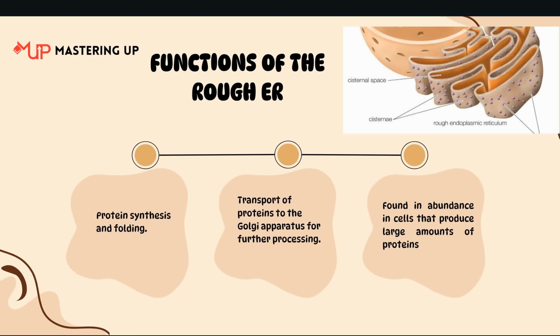Rough endoplasmic reticulum is typically abundant in cells like pancreatic cells, where protein production is high. So basically, rough endoplasmic reticulum is involved in the synthesis of proteins.